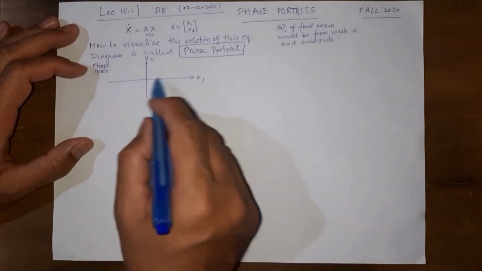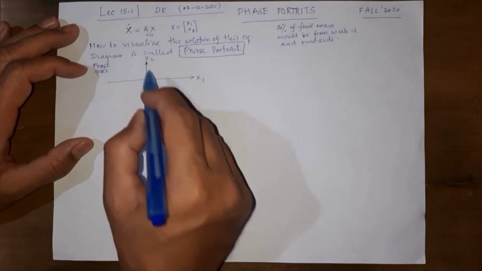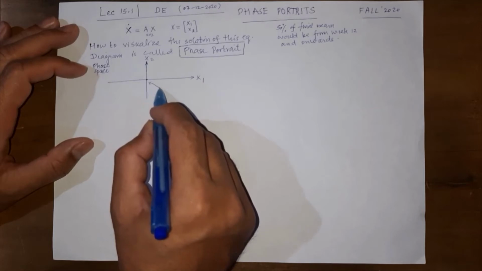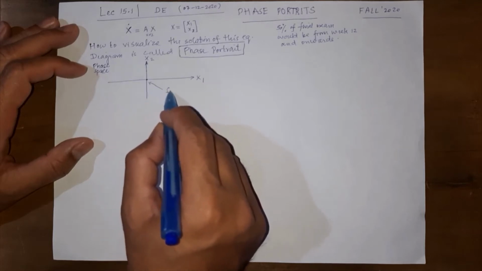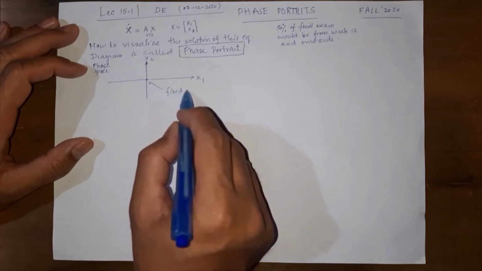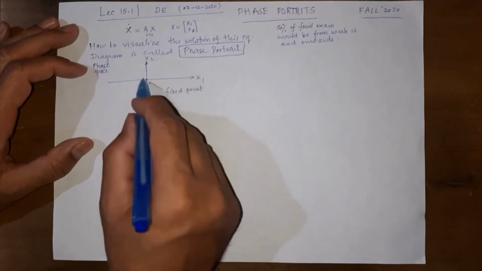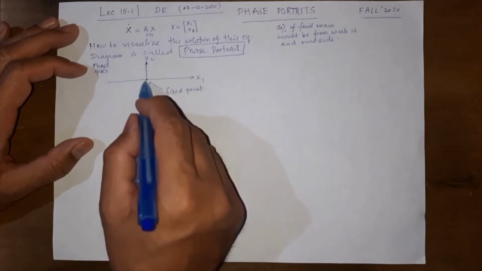In a phase portrait, usually this point, the origin, is known as a fixed point. You can see that at the origin x1 is 0 and x2 is 0 as well.